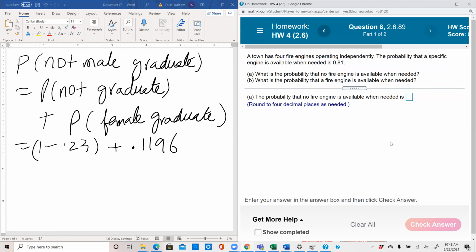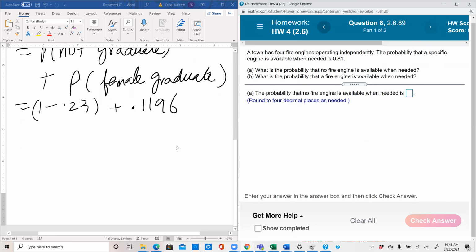A town has 4 fire engines operating independently. The probability that a specific engine is available when needed is 0.81. What's the probability that no engine is available when needed?